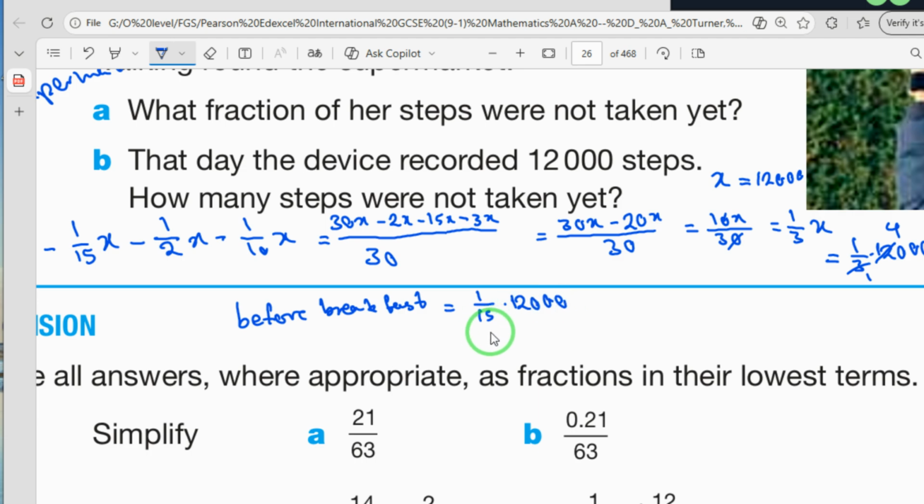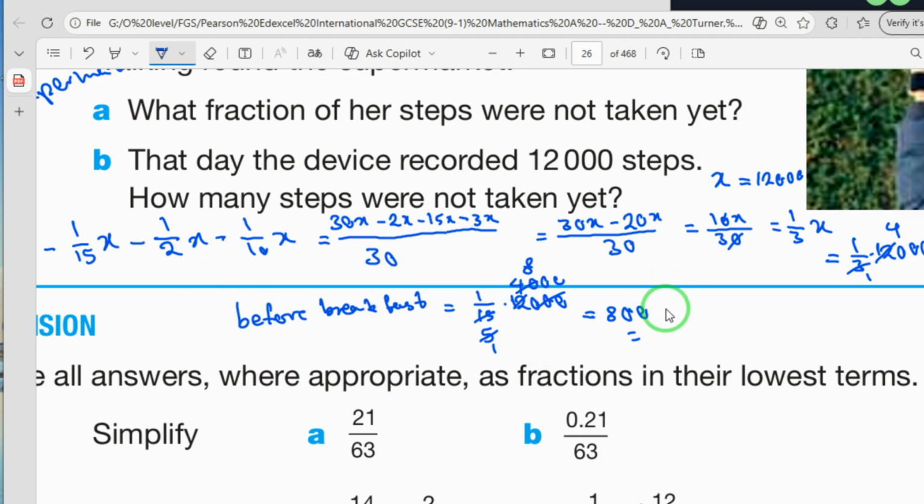Okay, first simplify by 3: 5 times 3 is 15, 4 times 3 is 12. Then we simplify by 5. 1 times 5 is 5, 8 times 5 is 40, with 2 zeros actually. It means 800 steps were taken before breakfast.